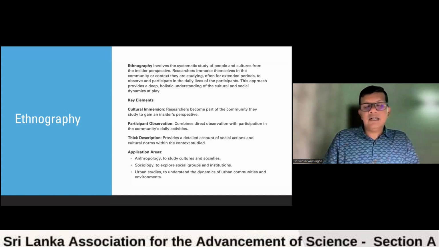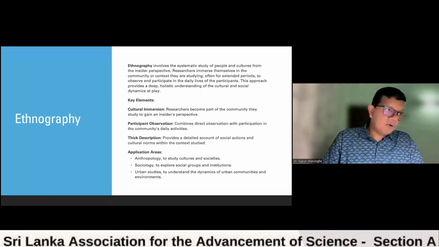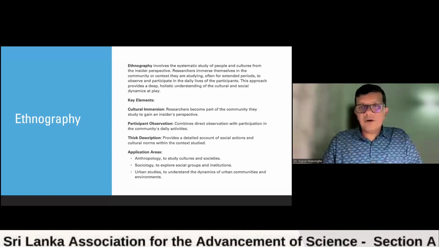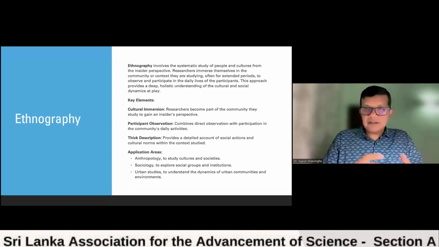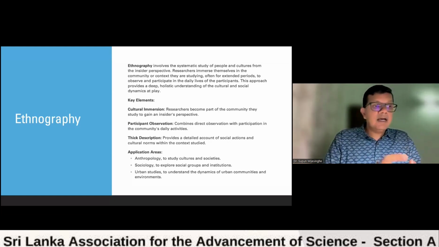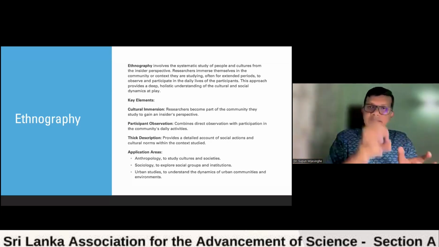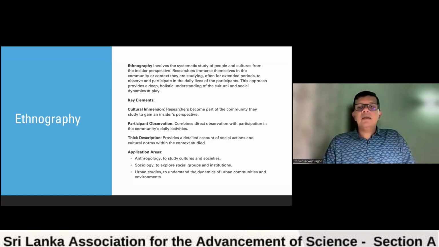You study these cultures, how people come for contact screening if you're talking about COVID and all the other things. If you're talking about leprosy, that sort of diseases, contagious diseases like tuberculosis and other things. So you study how people, in a certain cultural setup, behave.